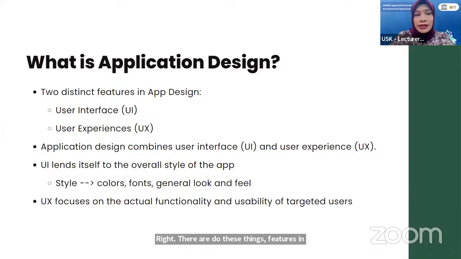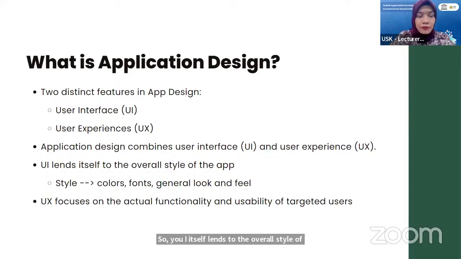All right, there are two distinct features in application design. The first one is what we call user interface, commonly known as UI. And the second one is user experience. The application design combines these features together to fulfill the needs of the user. UI lends to the overall style of the application.